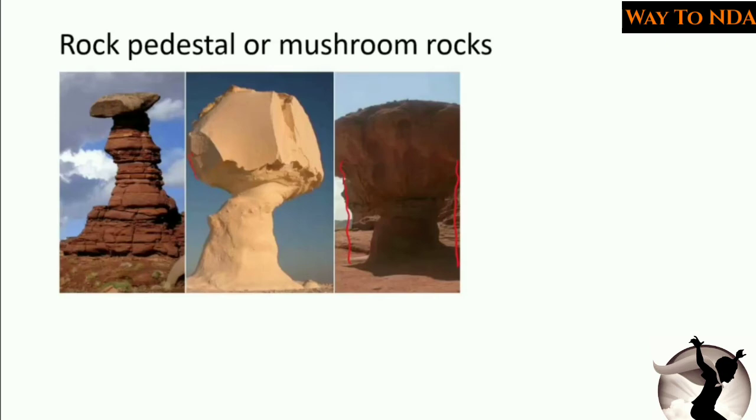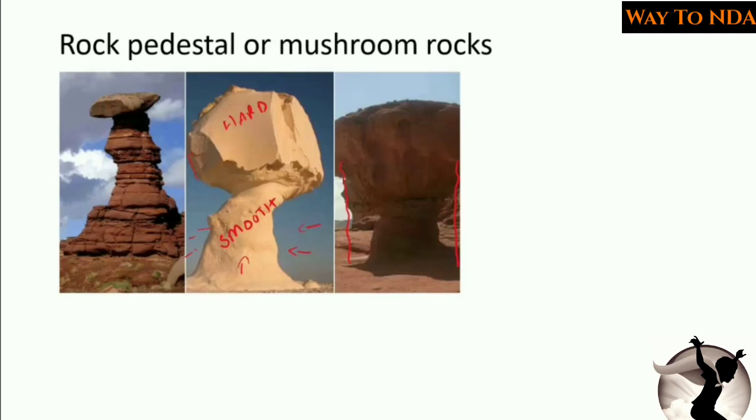The winds were blowing from different directions, from all the directions. Now this part of the rock was hard, and this was smooth. So the upper part is hard, the lower part is smooth.